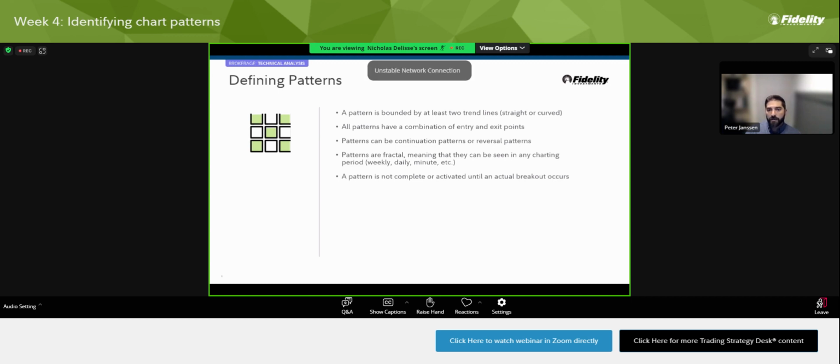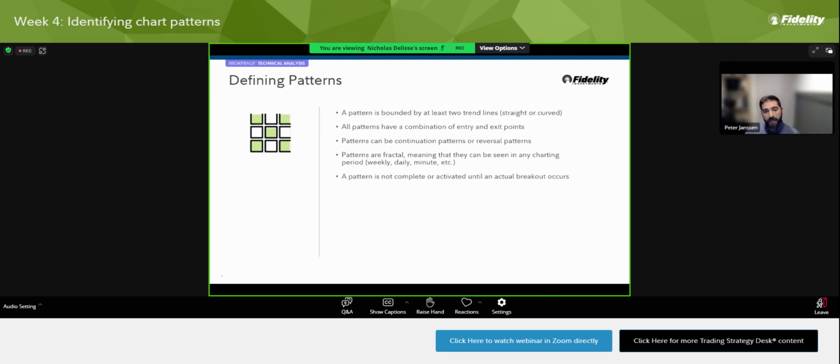One, it's not going to fit the mold for those statistics to be true until that pattern actually does break out. If you're seeing something like a head and shoulders, which I'm sure we'll talk about later, but it doesn't break the neckline, your profit targets shouldn't be where the broken neckline is, because it hasn't broken yet. You'd be trying to impose a trade on a pattern that's not complete.